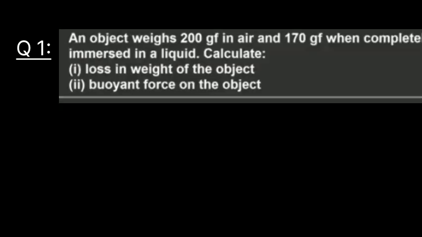An object weighs 200 gram force in air and the weight is 170 gram force when completely immersed in the liquid. Calculate the loss in weight of the object and the buoyant force of the object.